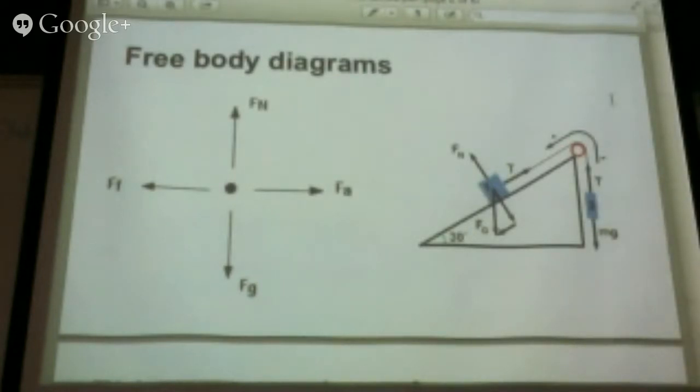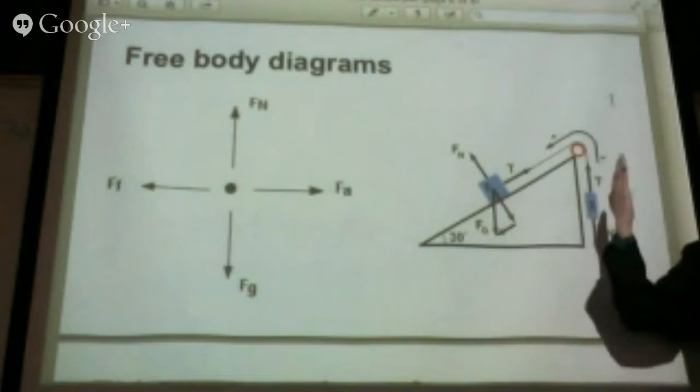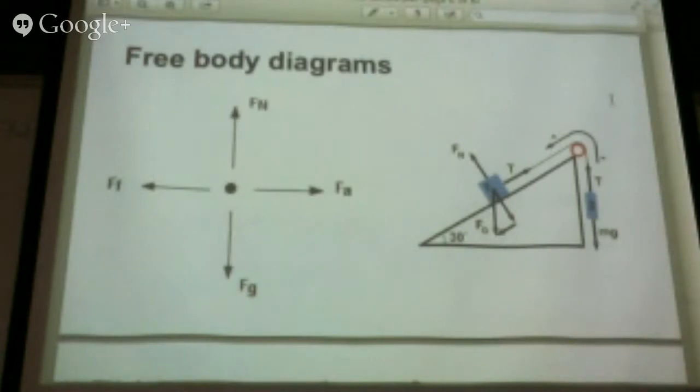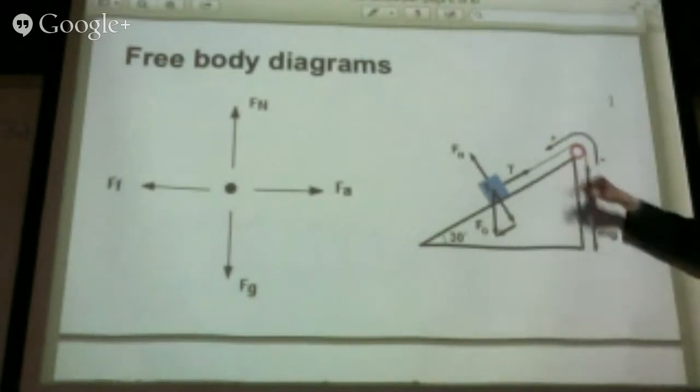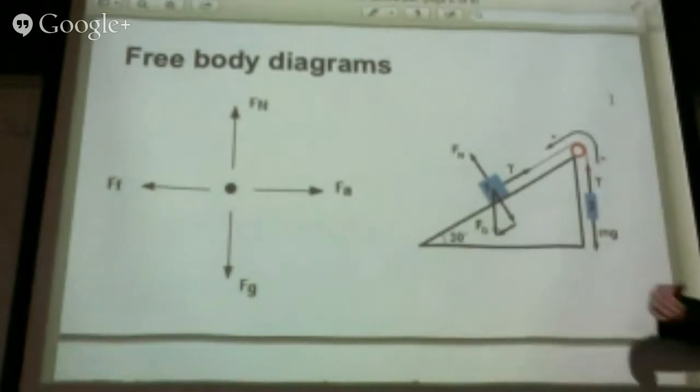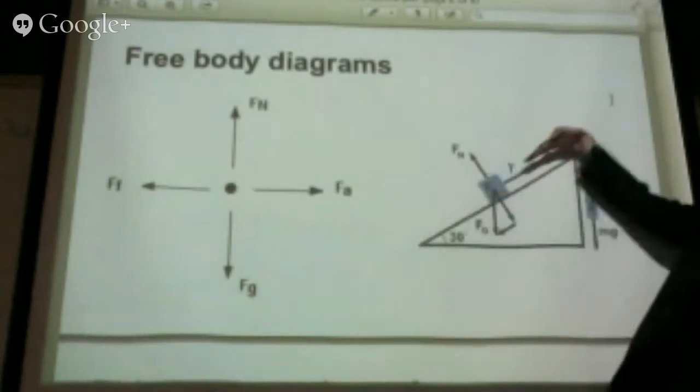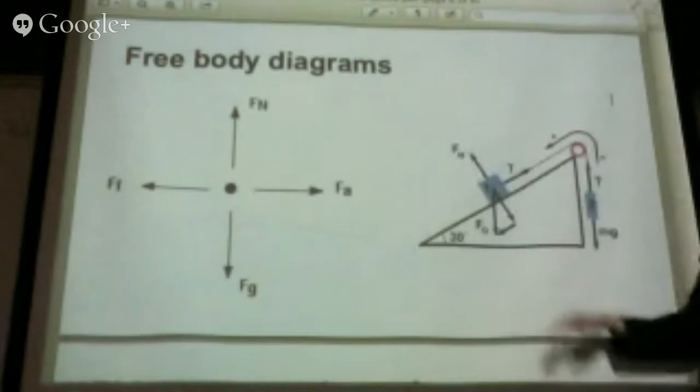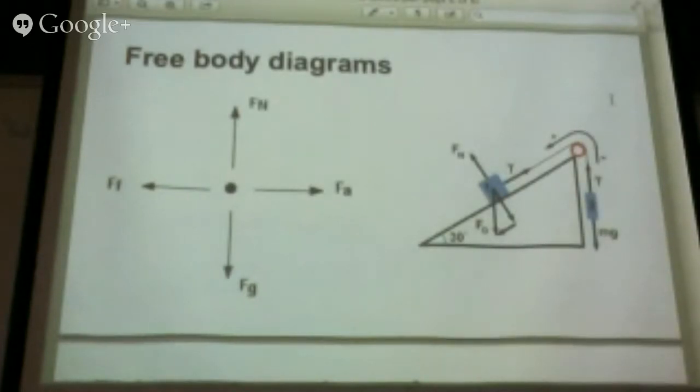It's also really helpful if you're not just going to use x and y directions. Like on the ramp, we often found it more useful to treat the x-axis as parallel to the ramp and the y as perpendicular. When we did that, it only accelerates in one dimension.